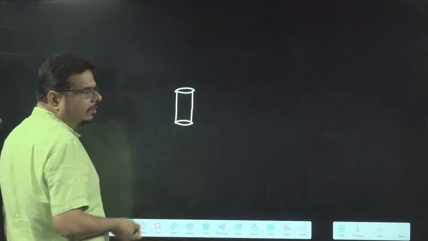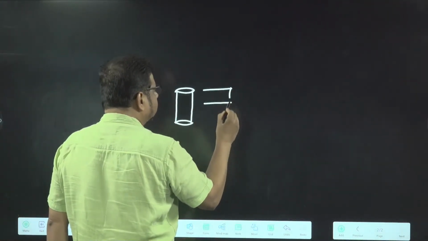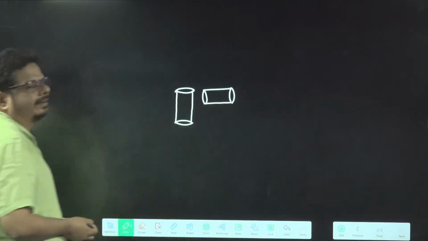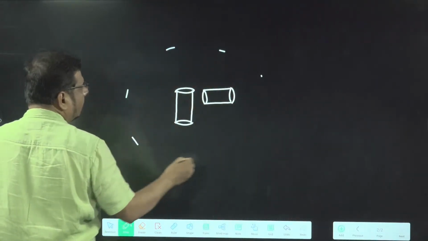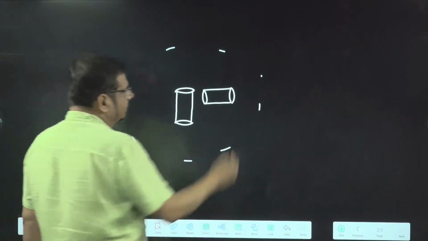This is one centriole and this is another centriole. Both centrioles are present at which angle? 90 degree. And it is surrounded by pericentriolar material. This is not a membrane.